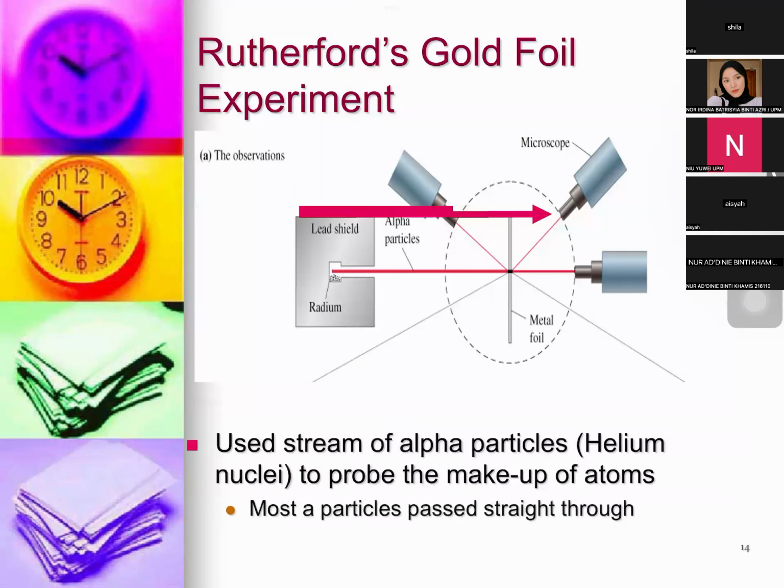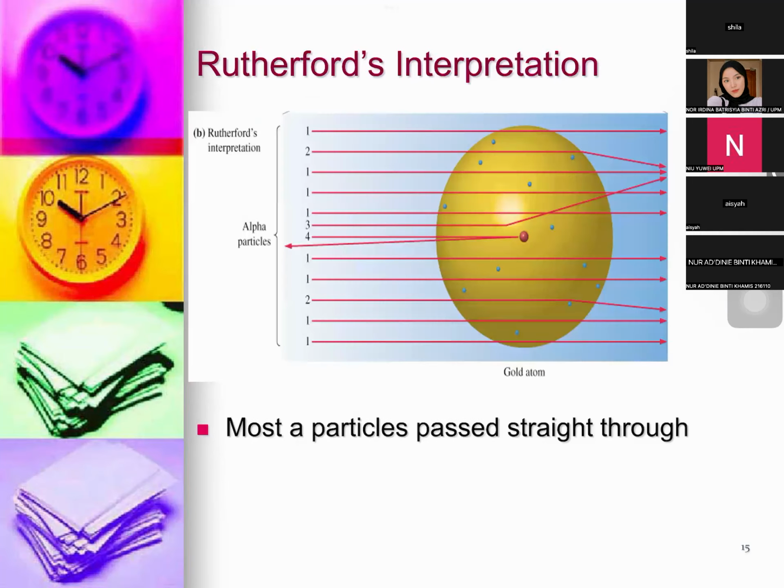He actually corrected the plum pudding model. If it is the plum pudding model, what are the observations? Any ideas?